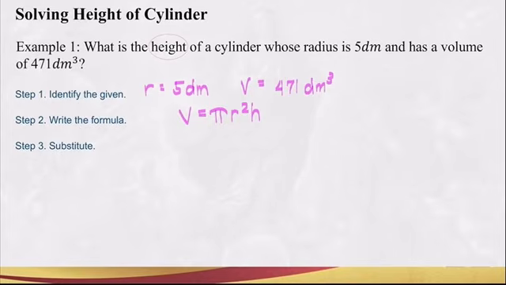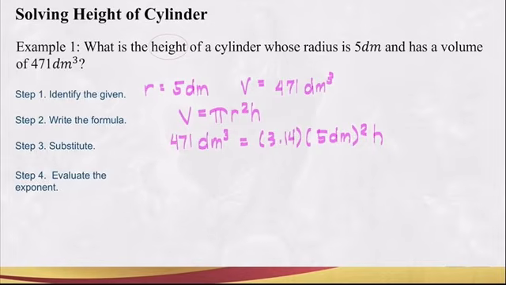So, yung given natin na ipapasok natin dun sa ating formula. We already have the volume, which is 471 cubic decimeter equals 3.14 times 5 dm squared times h. Wala tayong value ng h kasi yan yung hahanapin natin.